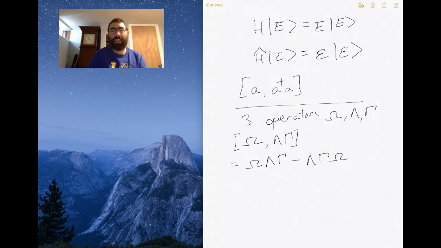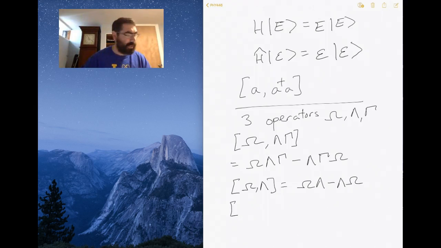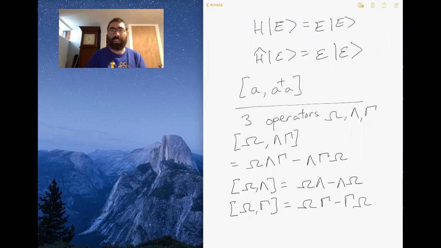So that's the definition of a commutator. But if I look at other combinations, the commutator of omega and lambda is omega lambda minus lambda omega. The commutator of omega and gamma is omega gamma minus gamma omega. Again, those are just definitions.